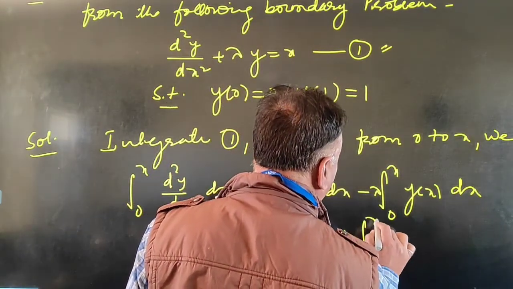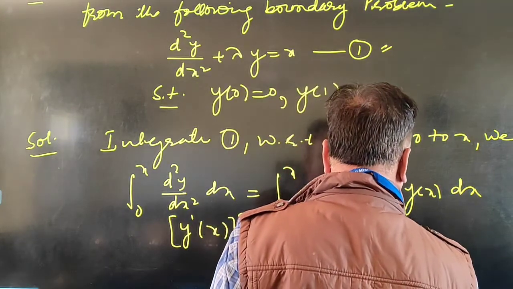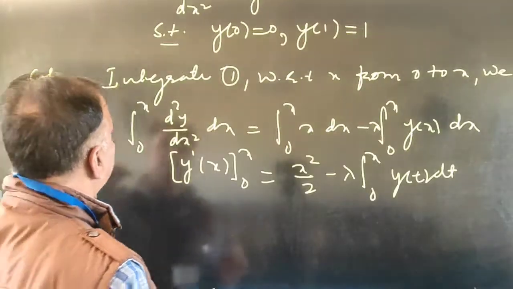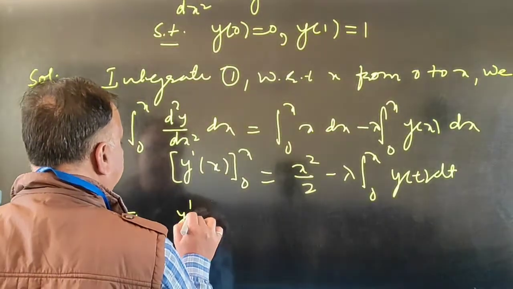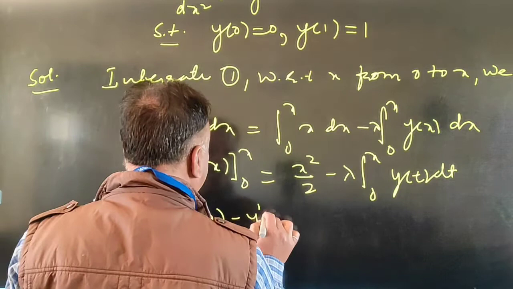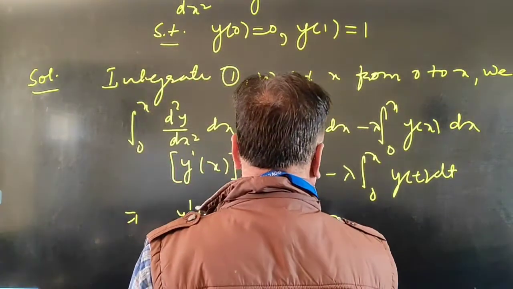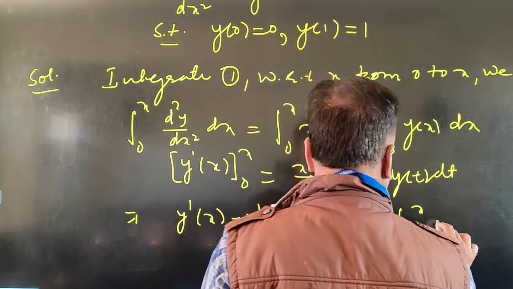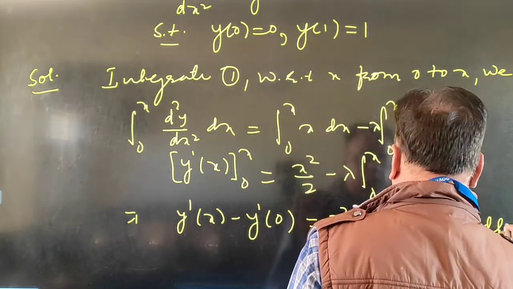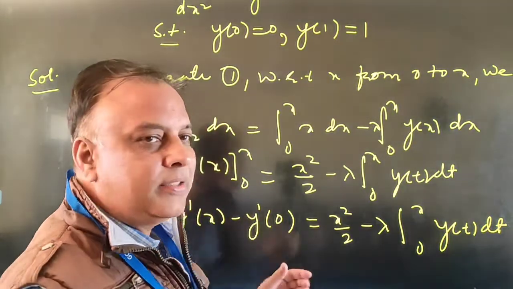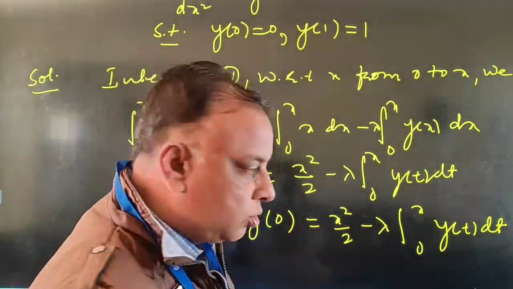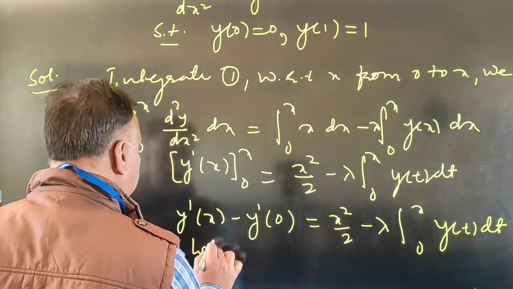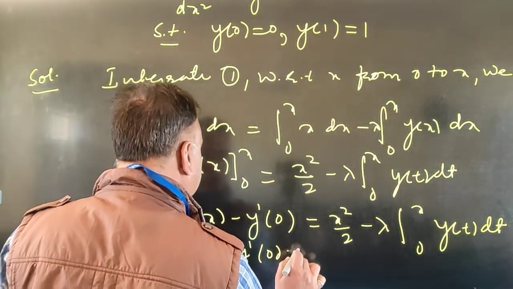lambda integral 0 to x y(t) dt. So this is y dash x minus y dash 0 is equal to x square by 2 minus lambda integral 0 to x y(t) dt. As y dash 0 is not given, let y dash 0 be equal to c.